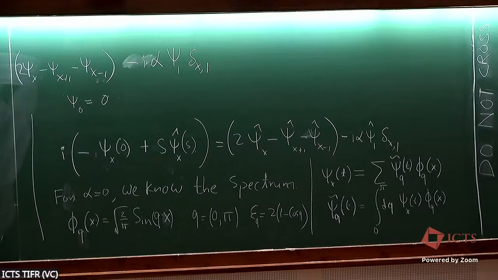Okay, so basically we are multiplying this by phi qx and summing over all x.